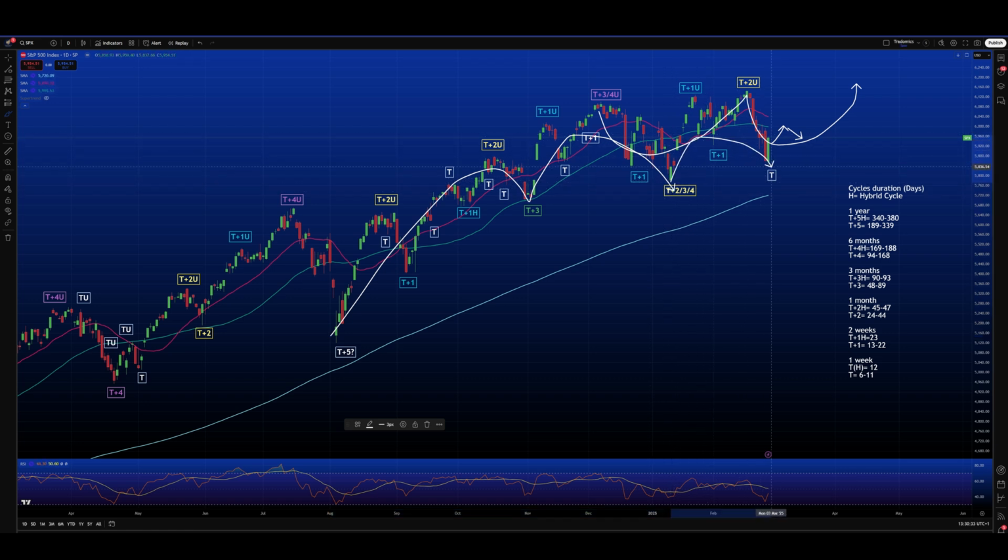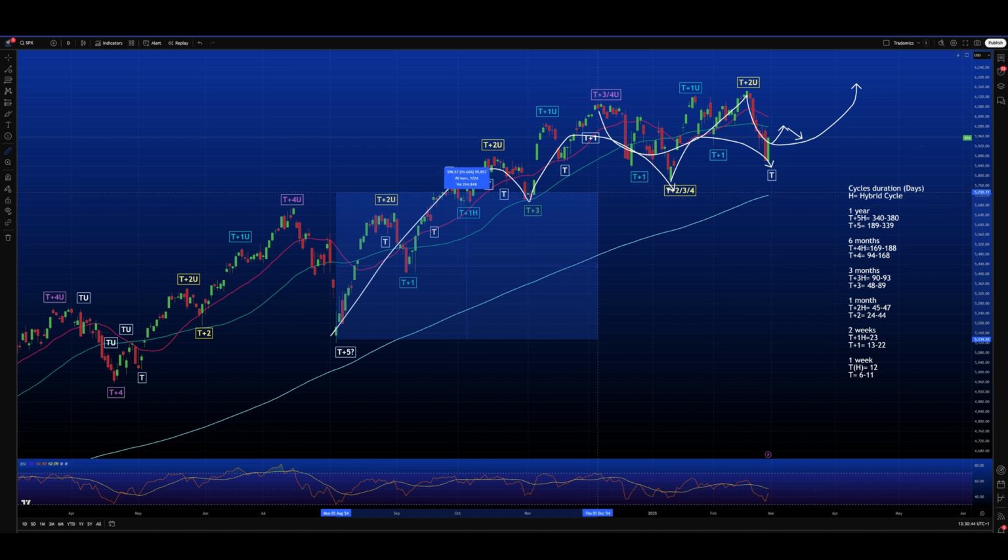Okay, here we have another T plus 3, and this one potential is not even a T plus 3, but it's even the beginning of a T plus 4, because in terms of time here we have all the conditions to close a T plus 4.